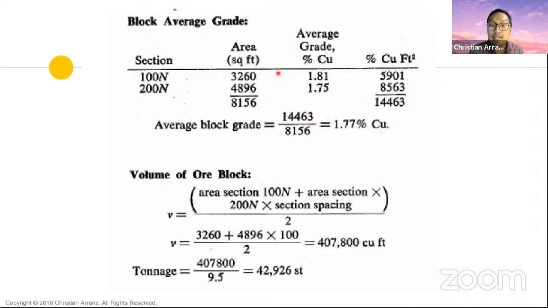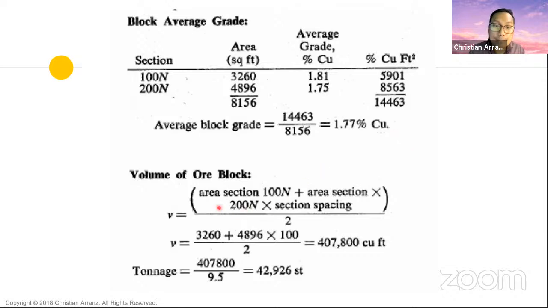So, area of the entire big section, yung buong rectangle. And then, multiply by the average grade, tapos ganun ulit, the sum of the product of the area and the average grade divided by the total area would be the representative grade of the block.